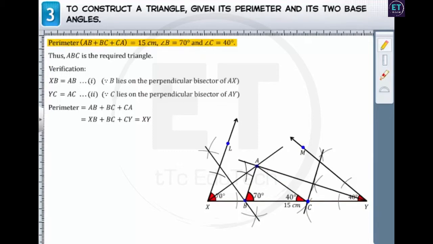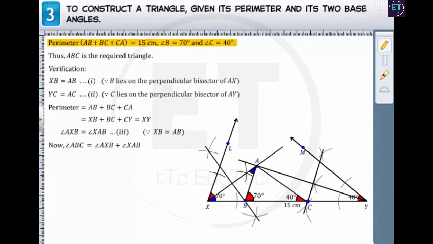Now we'll show that angle B is equal to 70 degrees and angle C is equal to 40 degrees. Since angles opposite to equal sides of a triangle are equal, angle AXB is equal to angle XAB because side XB is equal to side AB. Now in triangle AXB, exterior angle ABC is equal to the sum of two interior opposite angles AXB and XAB.